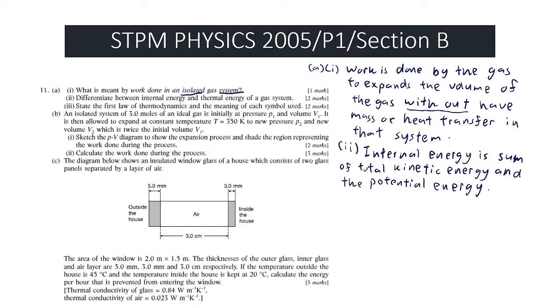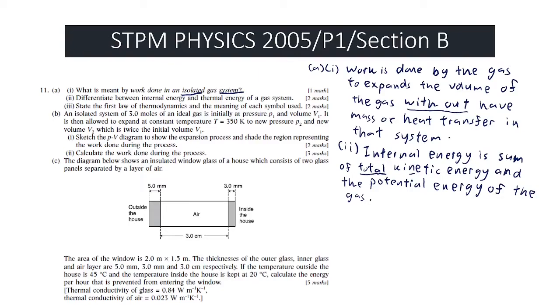So you can see here we have a word total. That means kinetic energy, they have a few different types of kinetic energy. For example, the translational kinetic energy, we have rotational and also vibrational. This is all kinds of kinetic energy this gas is having.